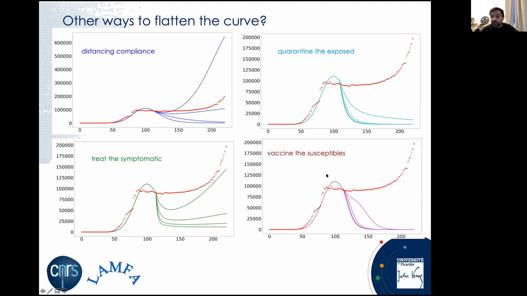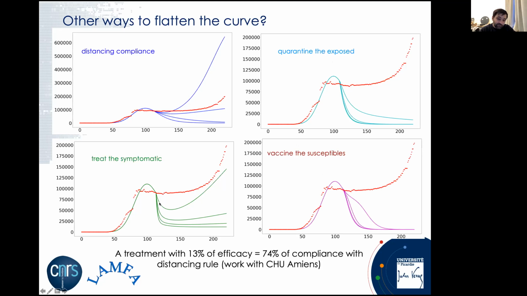And about the vaccine, I just tried it. The vaccine is also very efficient, though less efficient than quarantine of exposed. It is very efficient if a lot of people are vaccinated. It depends really on the number of people who use the vaccine. But what we show is that a treatment with efficacy of 30% is the same as 74% compliance with distancing rules.